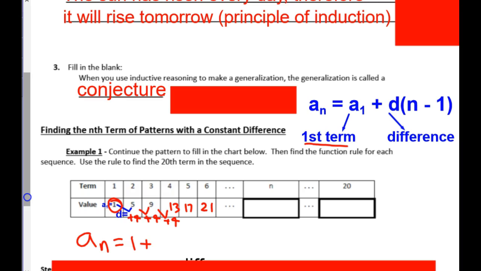Plus, and then I need the difference, which is each change, which is this little part right here. So 4, and then I have to use parentheses and minus 1. Okay, do you see what I put where and why I put it there? Now that is how you find n, some number. So this is what we're going to write right here. 1 plus 4 times (n minus 1).